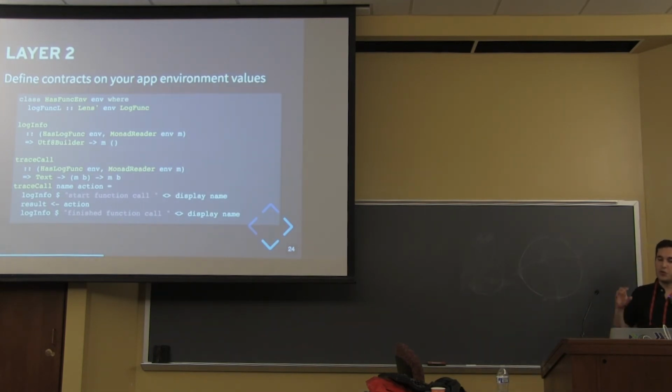Layer 2 is defining contracts in that environment. The evolution of Haskell programming in industry has been that you have a stack of monads, and you provide capability on these monads, and you have different layers. In past years, this has been proven to be quite difficult to manage, especially because you can compose those monads in different ways.